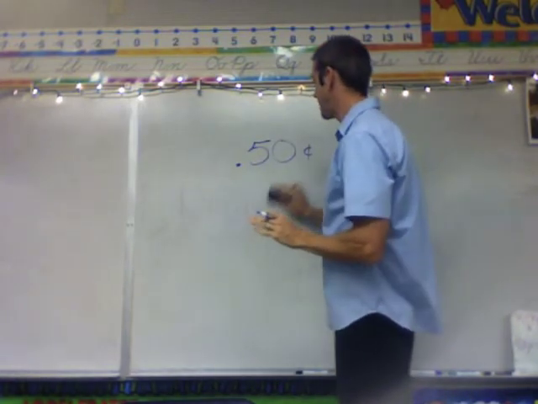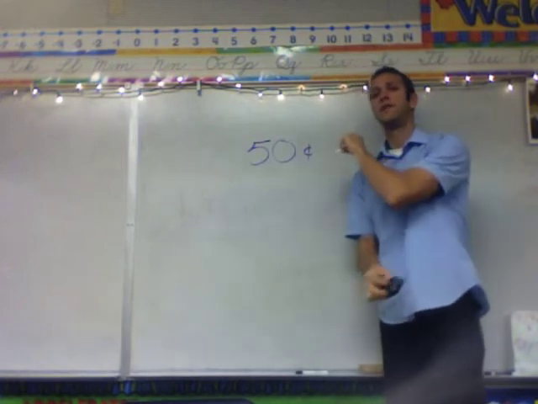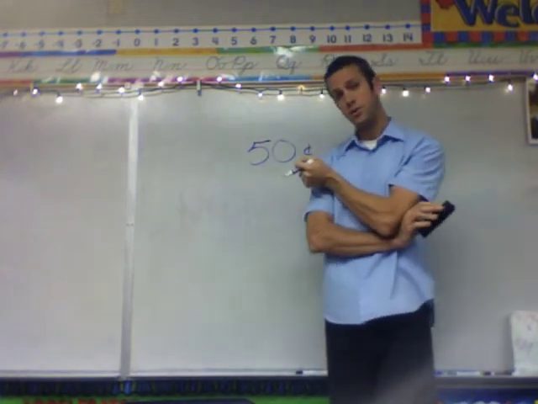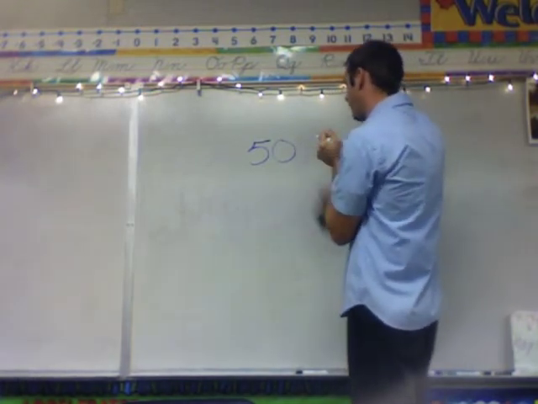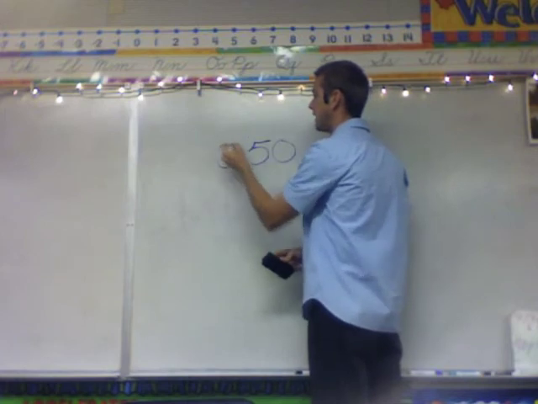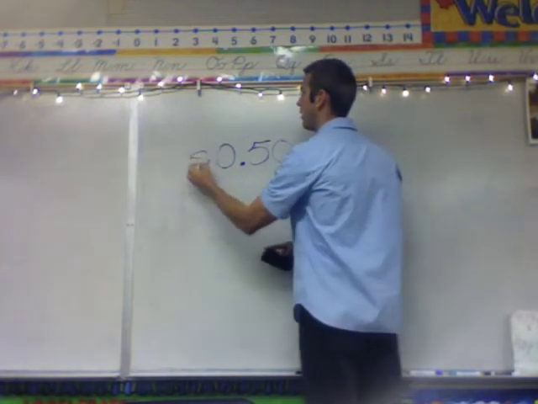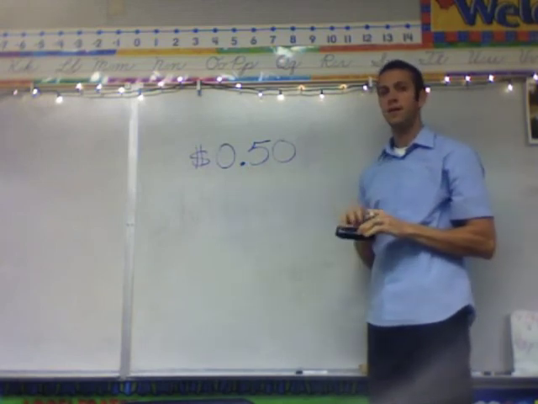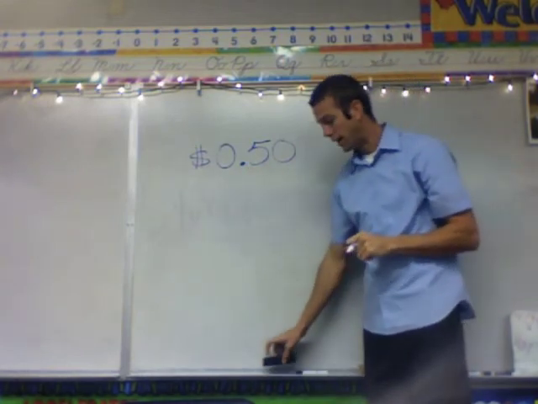Never combine the decimal sign with the cent sign. If you'd like to use the dollar sign to write money, which you can, do not write the cent sign at all. Place the decimal, say that there's $0 involved with the dollar sign, and that there are 0.50. That is the correct way to write it.